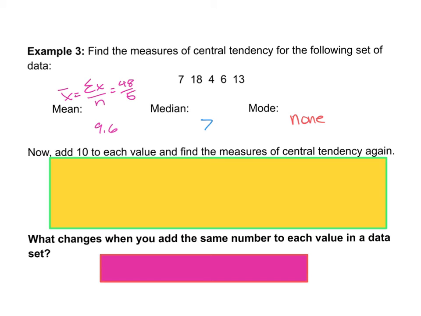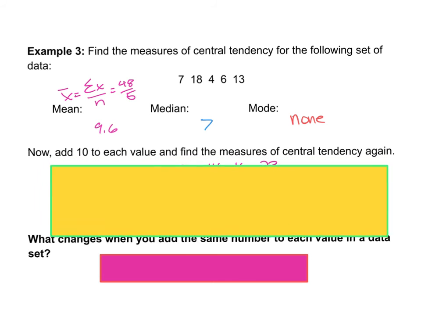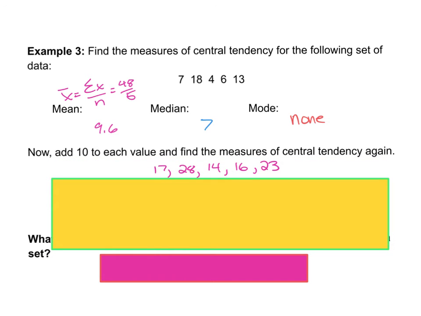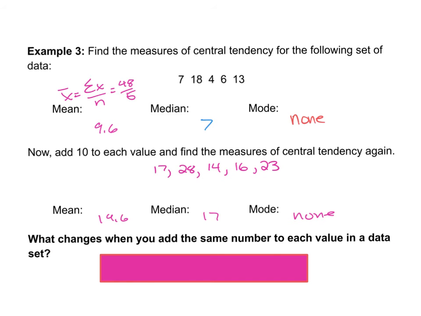If we take a minute to do the second part, adding 10 to each value, let's pause here and recalculate. When you get done, we should have a mean of 19.6, median of 17, and still a mode of none.